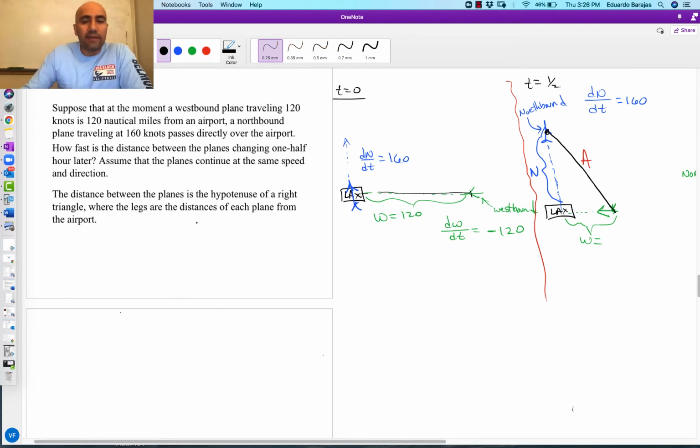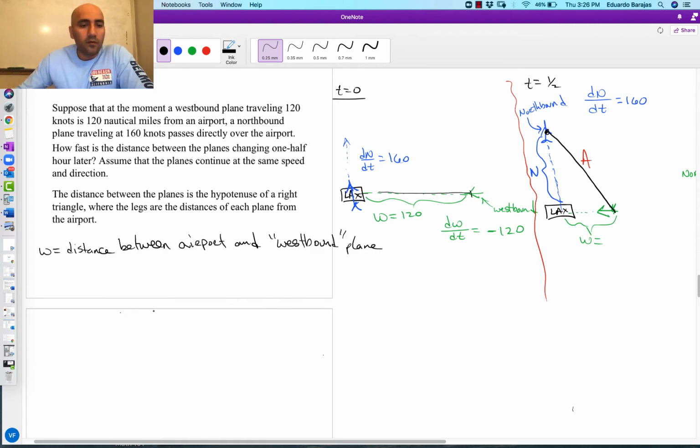So let's label some of our variables to be sure of what all these things represent. W represents the distance between the airport and the westbound plane. At t equals 0, we've established that W equals 120.